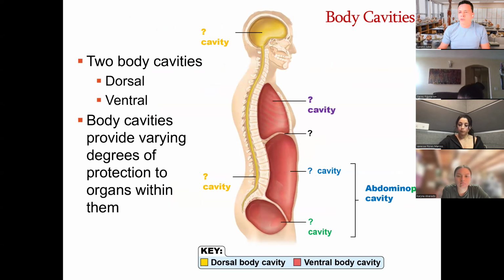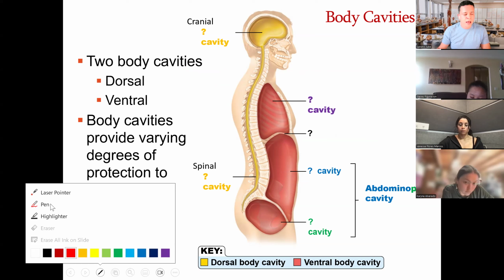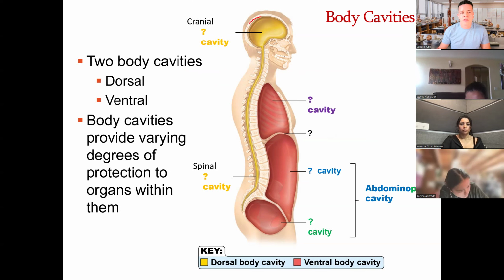Now, we have two main cavities in our body. We have a big cavity in the front, and we have a cavity in the back. And those major cavities, as we're going to see right now, are divided into smaller cavities. So it's one cavity inside another cavity. In the back, we have a cavity that is called the dorsal body cavity. And the dorsal body cavity is divided into two smaller cavities. We have the cranial cavity.